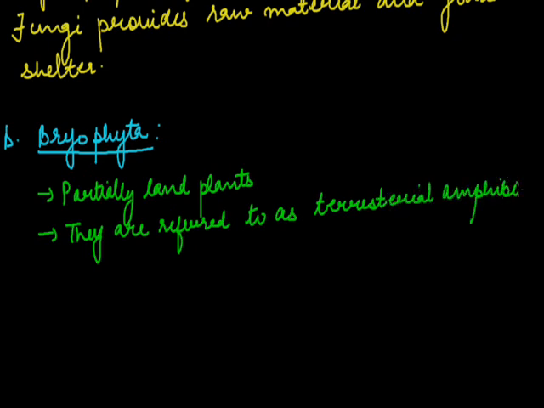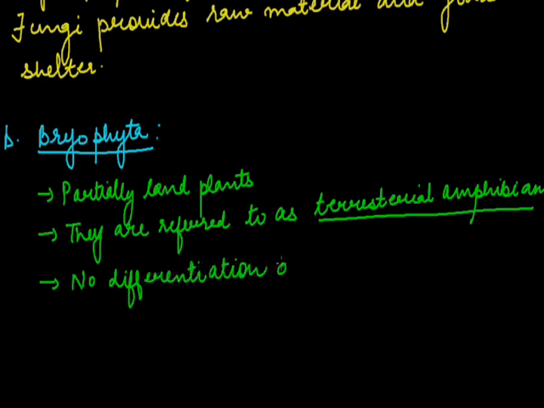No differentiation of roots, stems and leaves. Vascular tissue absent.